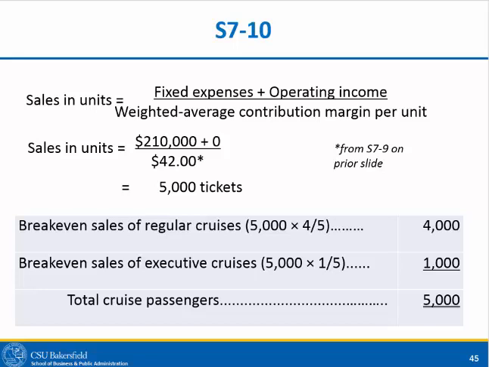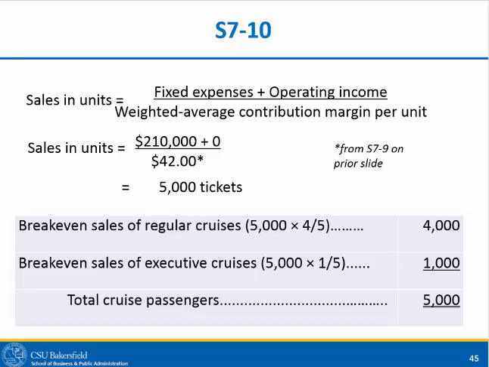If this company only sells regular tickets, then it must sell 7,000 in order to break even. But why is it now 5,000? Why is it actually less? Well, it's pretty easy to understand, because executive tickets actually have a larger contribution margin per unit.